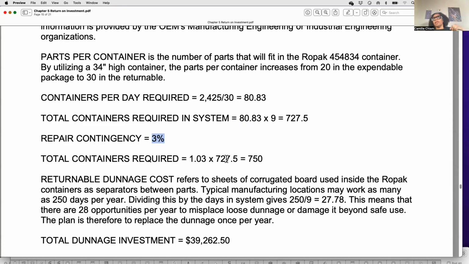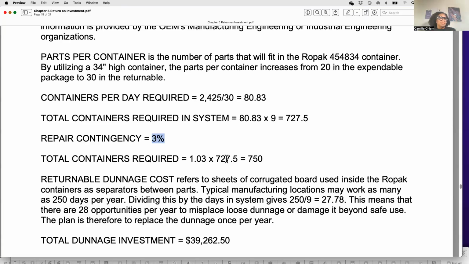If it takes 9 days to circulate, how many times will it circulate in a year? According to that, this is going to make that round trip 27.78 times.